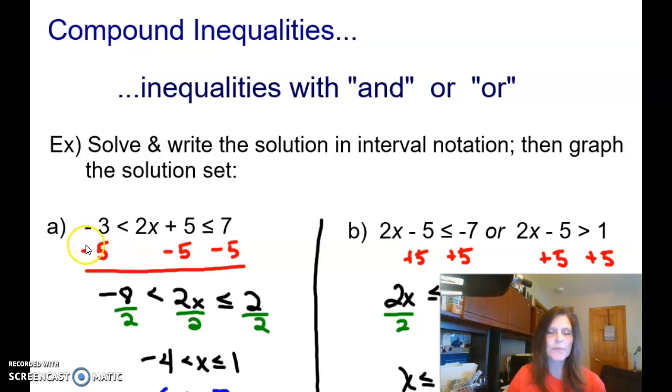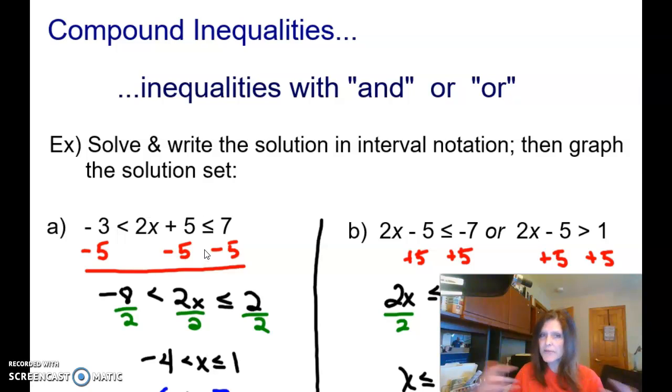In this first one, it is -3 is less than 2x plus 5 is less than or equal to 7. That's a compound inequality with an implied "and" statement, because what it's saying is -3 is less than 2x plus 5, and by the way, 2x plus 5 is also less than or equal to 7.